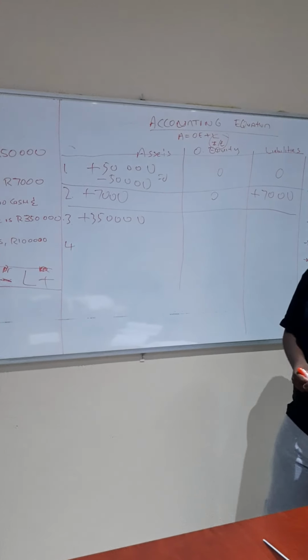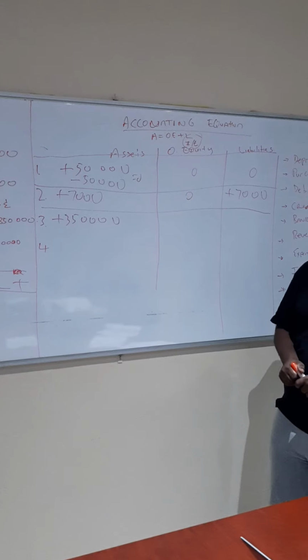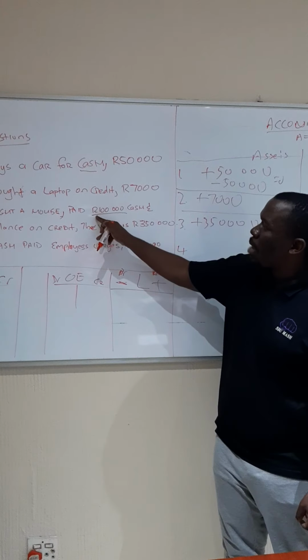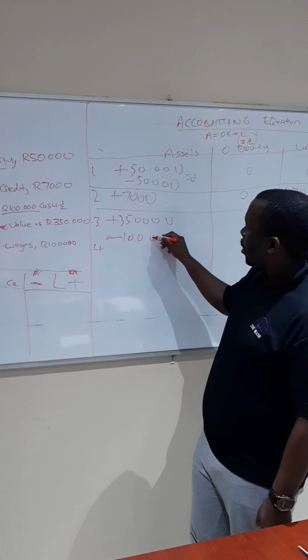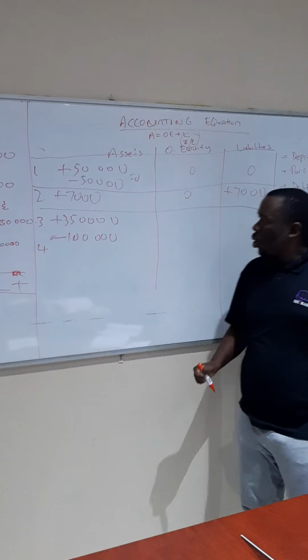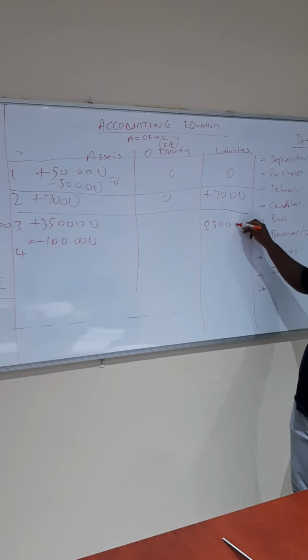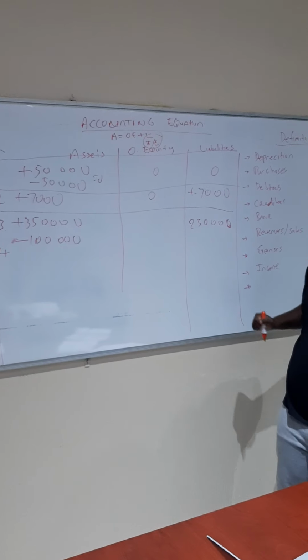Which means that now we need to ensure that this equation does balance. We are also told here that he paid, which means money came out, which is minus from the bank, which is 100,000 Rand. And we are also told that he took out a loan of 250,000 Rand, which we calculated and which forms part of the value of the house.